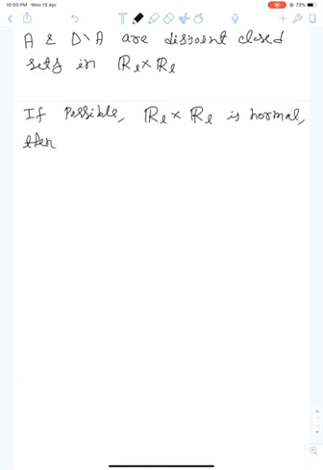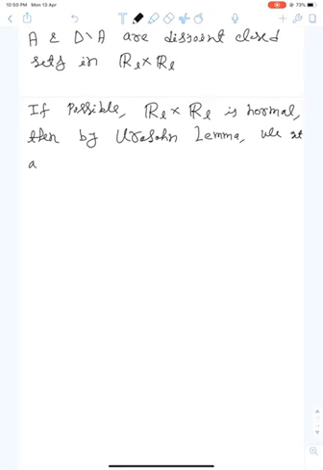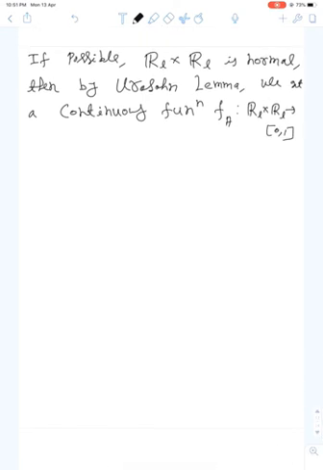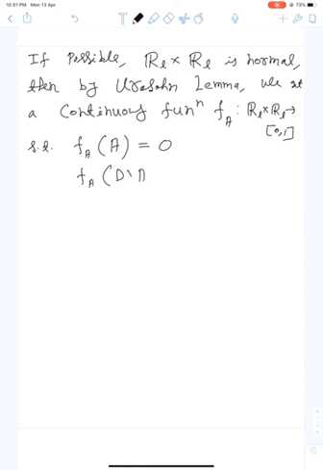Then by the Urysohn lemma, we get a continuous function, say f_A, from RL cross RL to [0,1], such that f_A at A is 0, f_A at D minus A equals 1, and at the other points it has some values, so it is a continuous function.